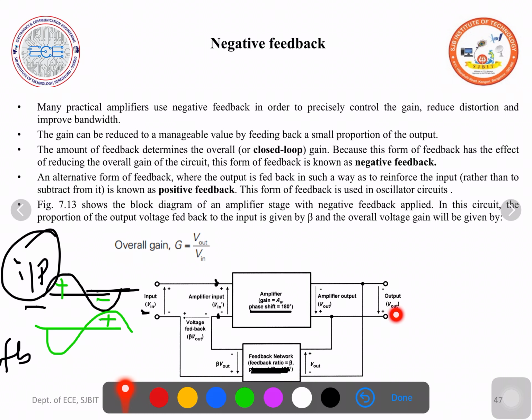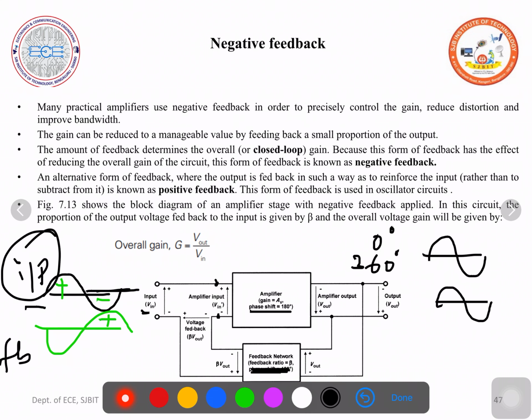So I'll repeat, the feedback is nothing but a fraction of the output is sampled and applied as the input to an amplifier, then we say there is a feedback. There are two types of feedback, positive feedback and negative feedback. If the input signal and the output signal do not have any phase difference, we say the phase difference is 0 degree, or you can say phase difference of 360 degree.